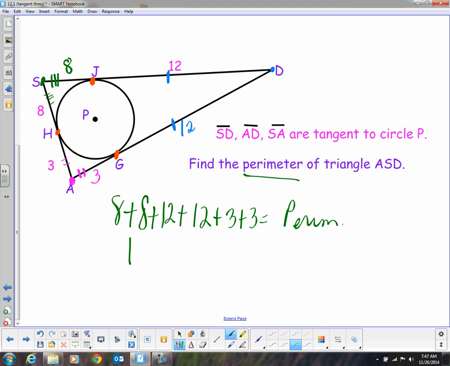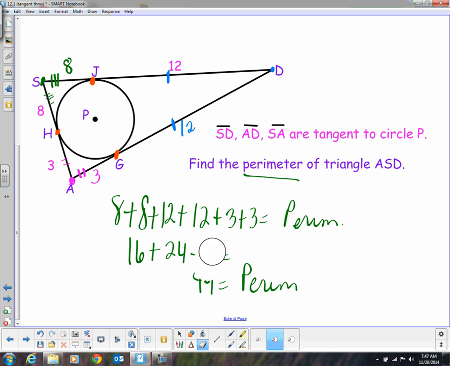So you've got 16 plus 24 plus 9, or 24, 34, how about 49? So this is the tangent segment how many times? Did I do that wrong? Oh. Okay. That is 6, because I can't add, which gives you 46. Thank you, Brittany.